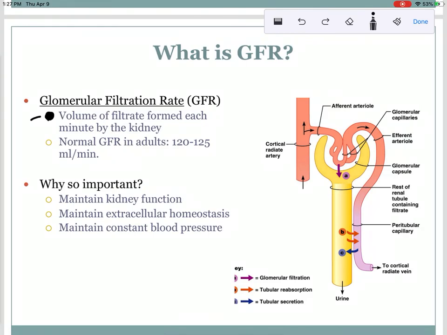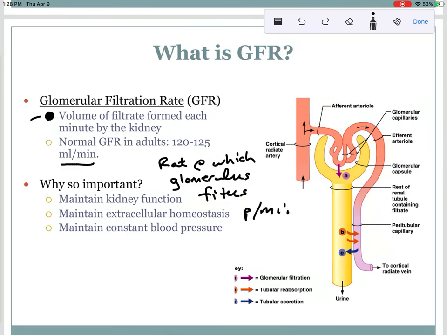This is true, but it might be simpler to say the rate at which the glomerulus filters per minute. The key thing is there, per minute.